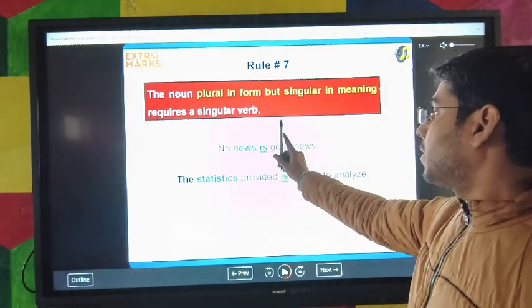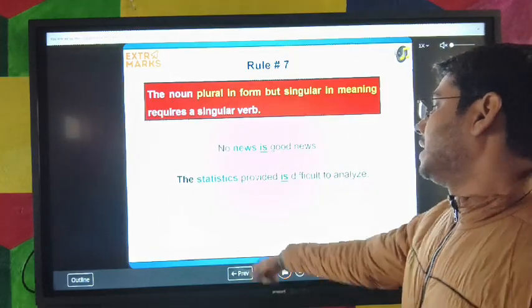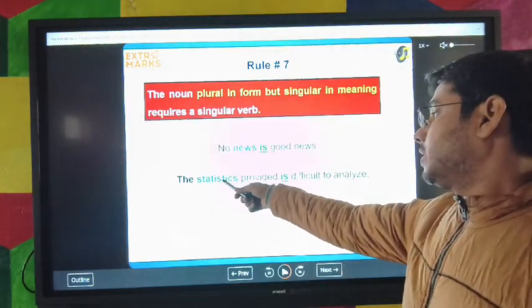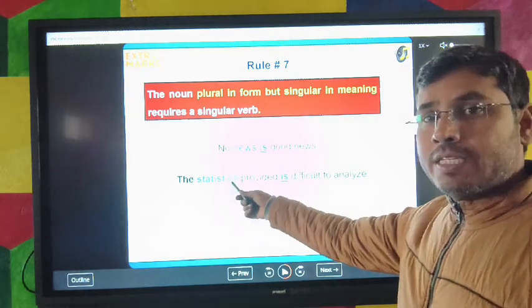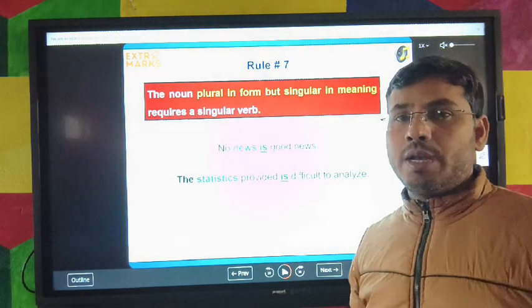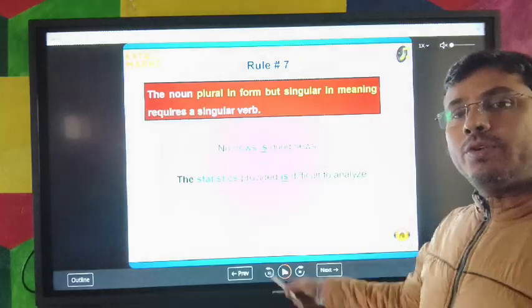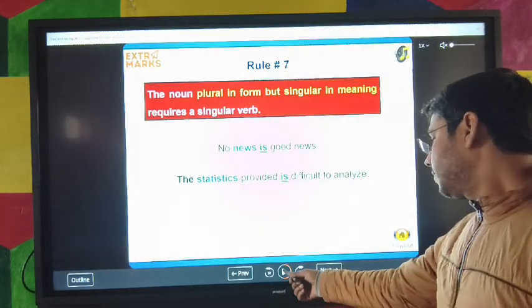We are talking about one news. So no news is good news, and we will use the singular verb. Here one subject has been mentioned: the statistics, the mathematics, the physics. The statistics provided is difficult to analyze. So here one subject has been used, so we will use a singular verb.